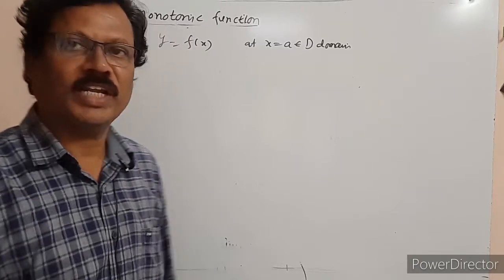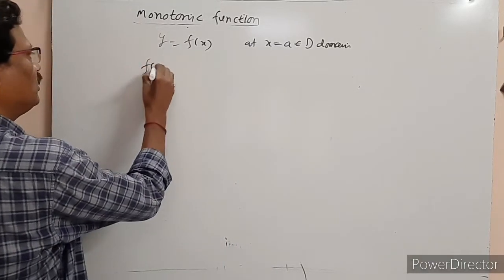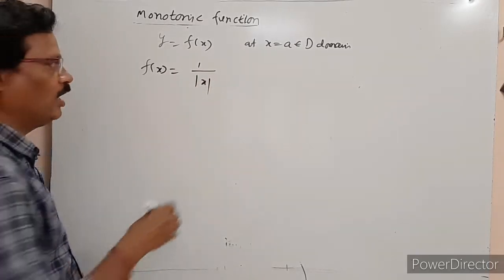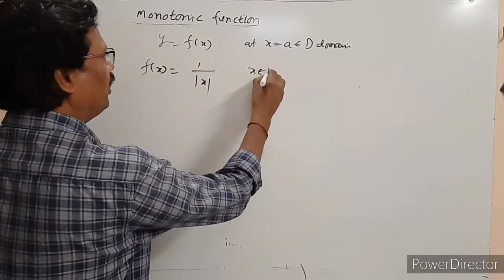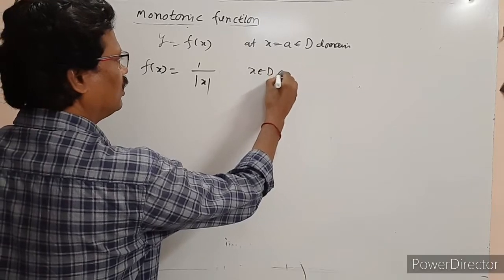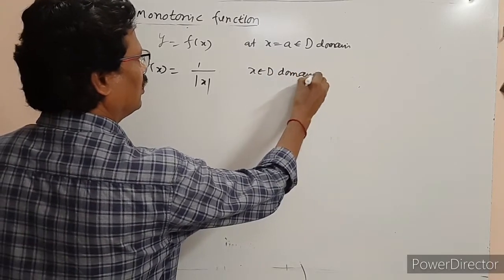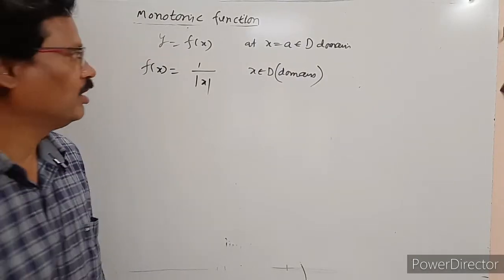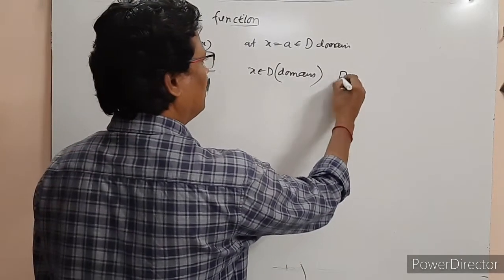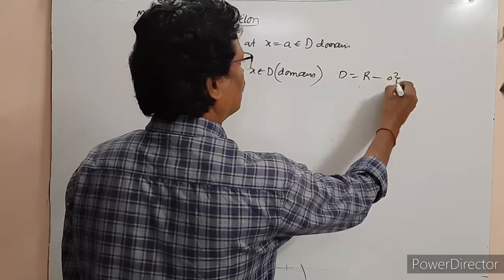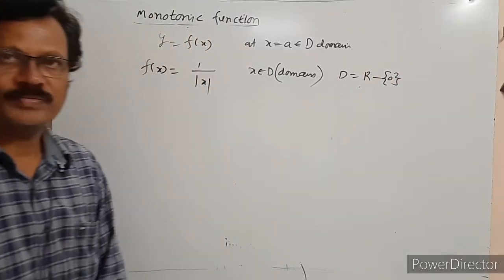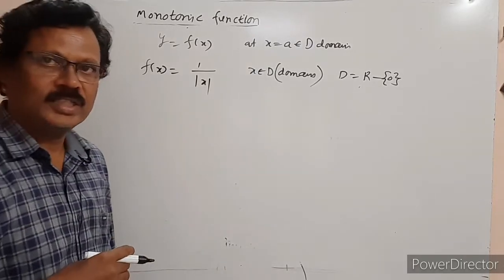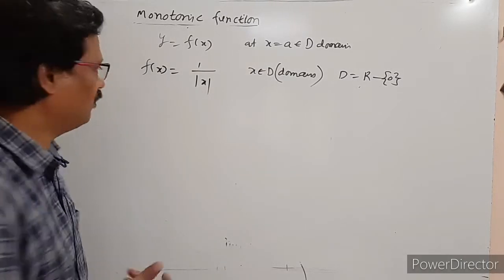Now let us see one example. f of x is equal to 1 by mod x, x belongs to the domain. What is the domain? The domain is minus infinity to plus infinity except 0, that is, R minus 0. Now whether it is increasing or decreasing in its domain.